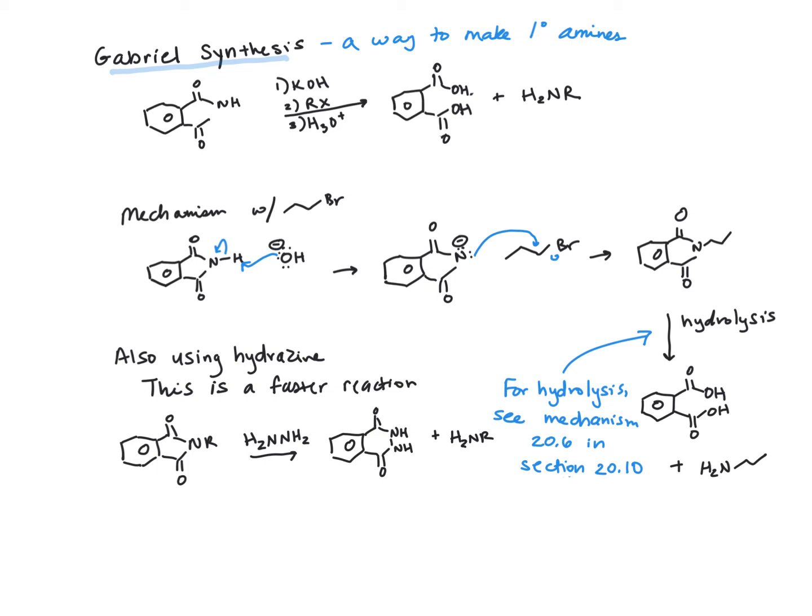And then our next step is hydrolysis, and that's a really long mechanism, and you've seen it before, so I'm not going to go through that. But if you need a refresher on this mechanism, go to mechanism 20.6 in section 20.10 of your book.